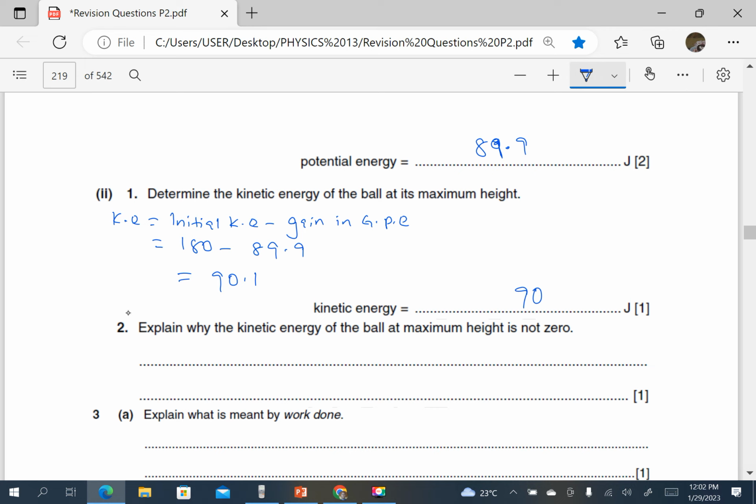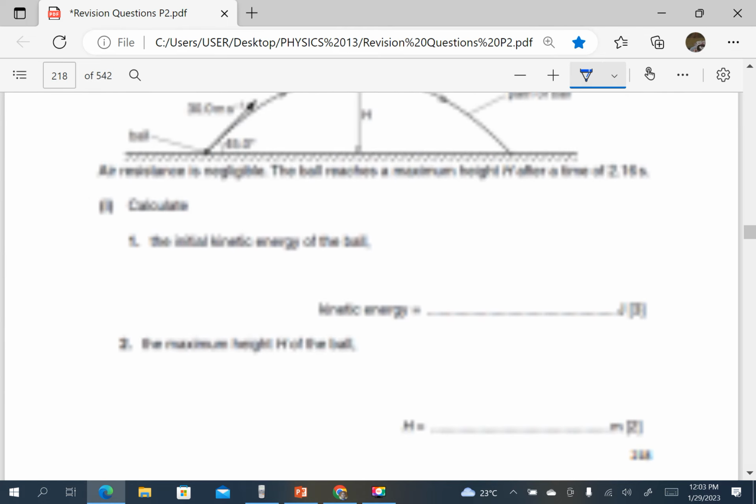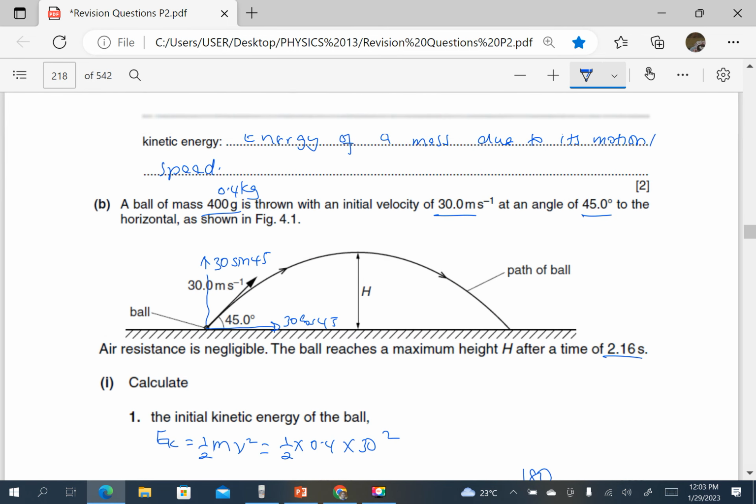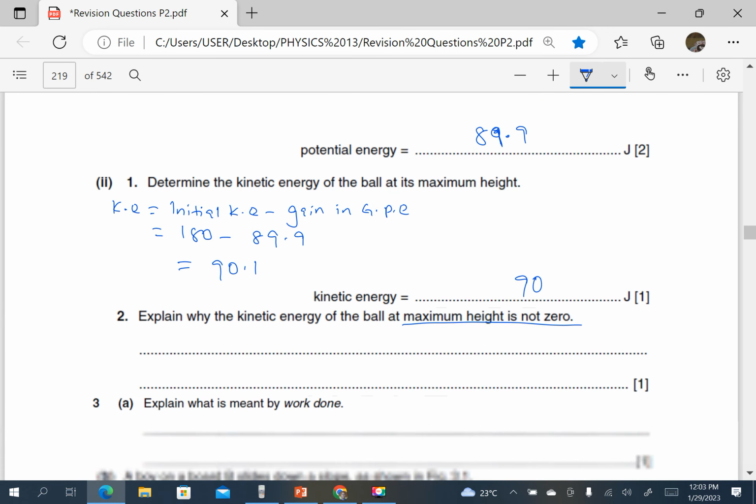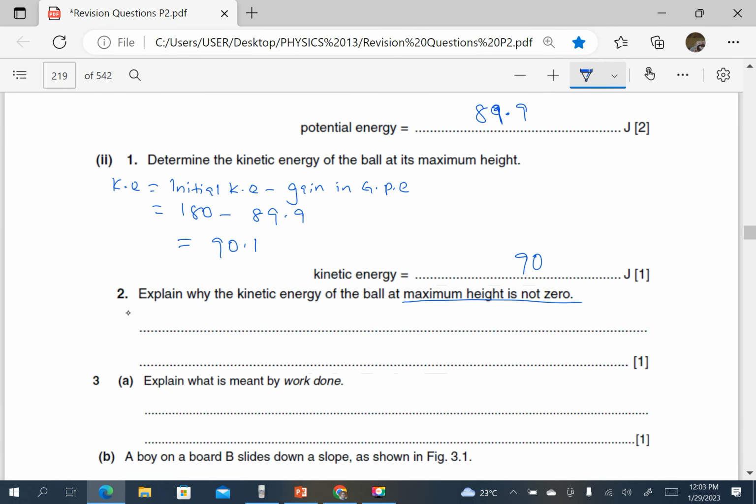Explain why the kinetic energy of the ball at maximum height is not zero. It can't be zero. At maximum height, it is the velocity in the vertical which reduces to zero, but the velocity in the horizontal remains constant. So even at the maximum height, the ball is still moving in the horizontal, although in the vertical it is no longer moving. Therefore, the kinetic energy cannot be zero. Reason: the horizontal velocity is not zero as the object is still moving.